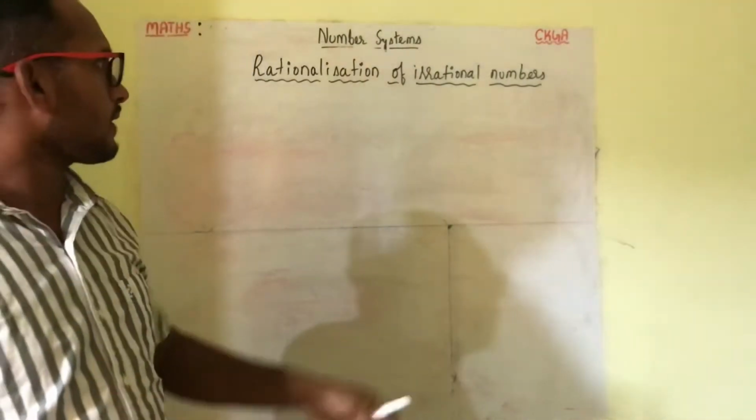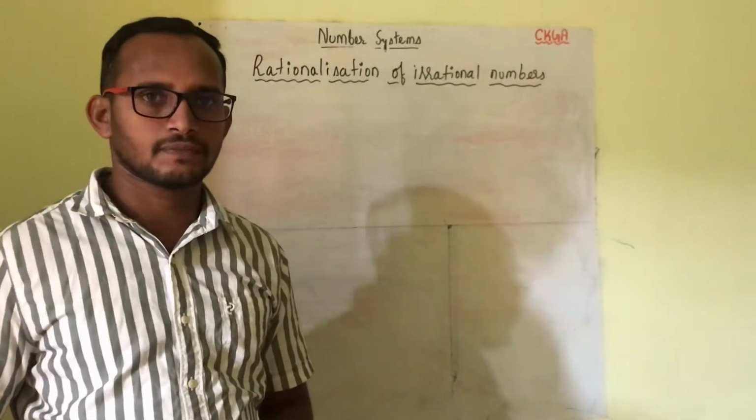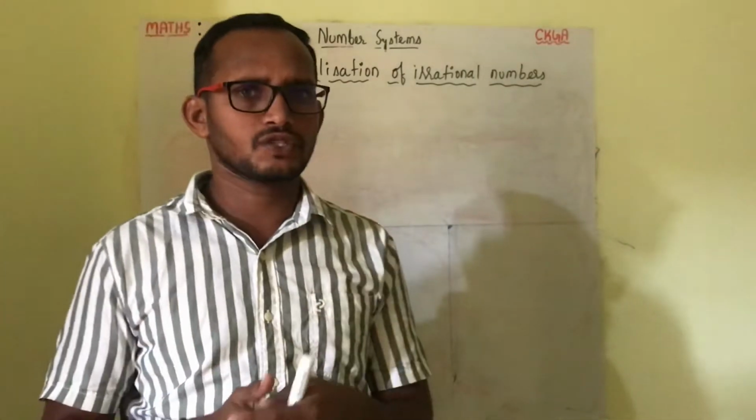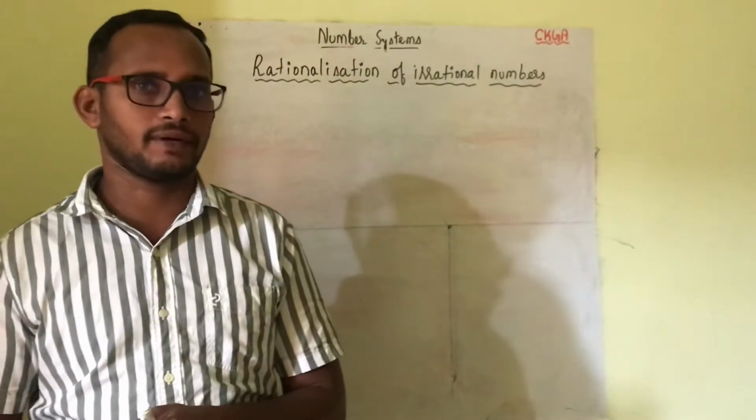In the beginning, let's recall what we have learned about irrational numbers. Irrational numbers are the numbers which cannot be expressed in the form of p by q, as you know.